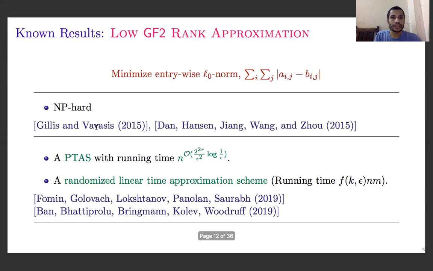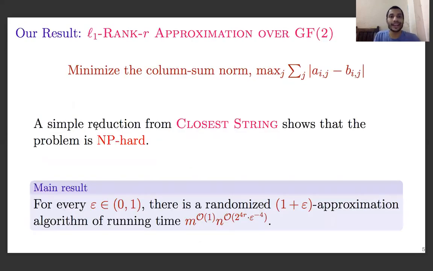And our result is about L1 rank r approximation over GF2. That is, we want to minimize the column sum norm. That is, we want to find a matrix B of rank at most r such that the maximum over j of the Hamming distance between the jth column of A and the jth column of B is minimized.